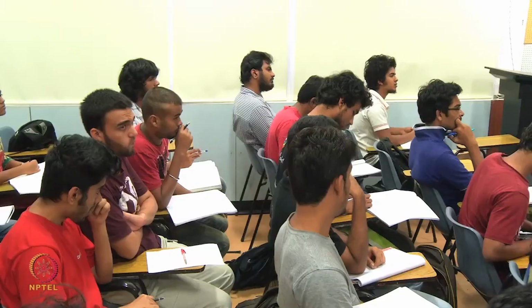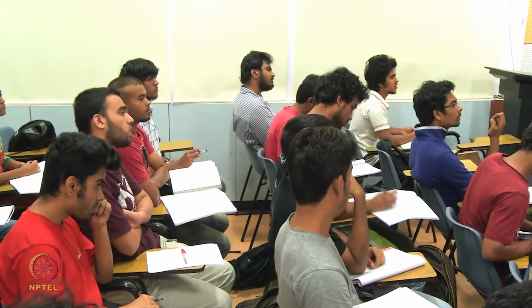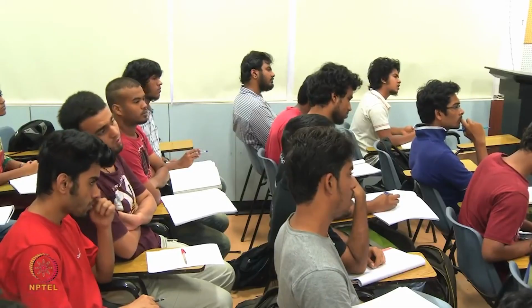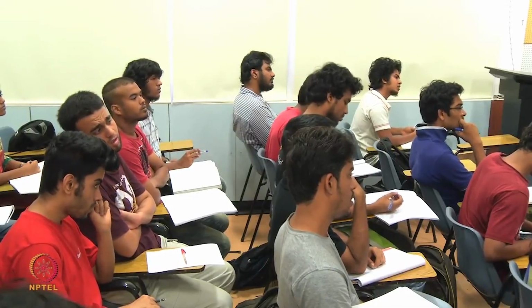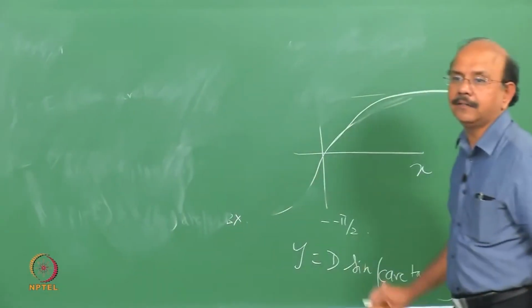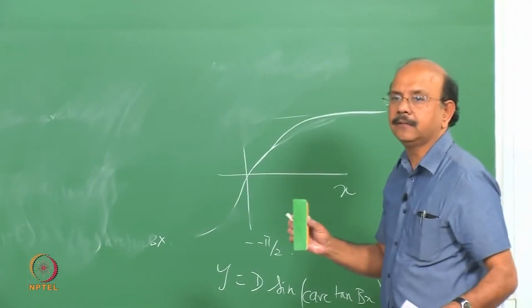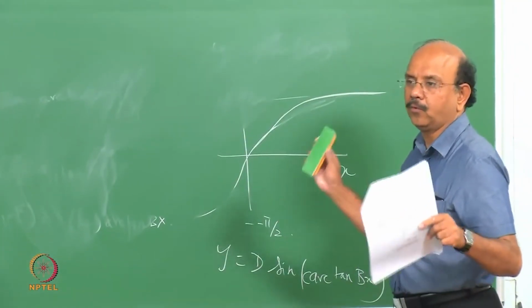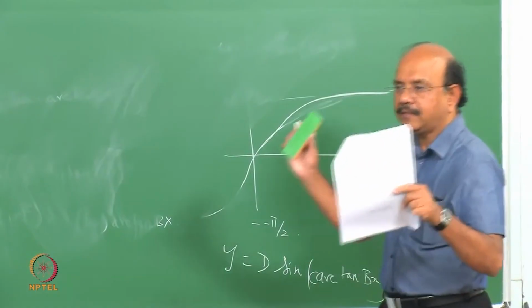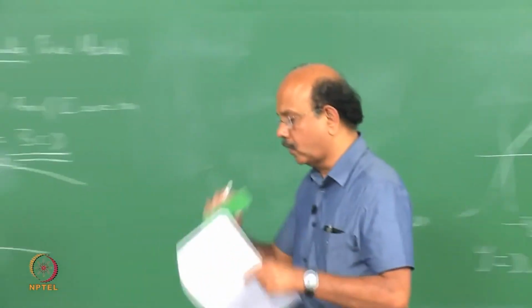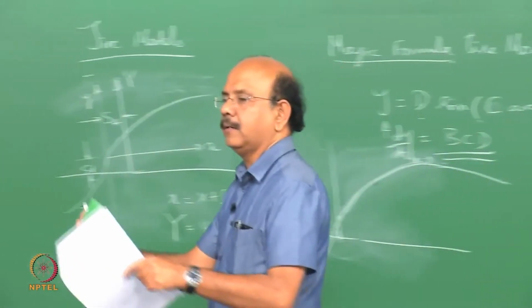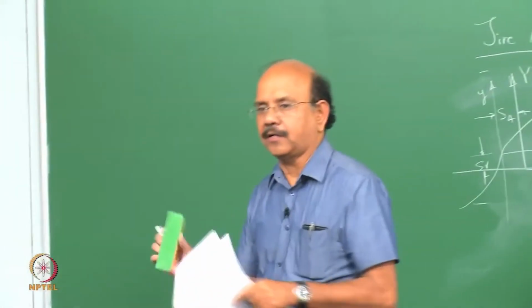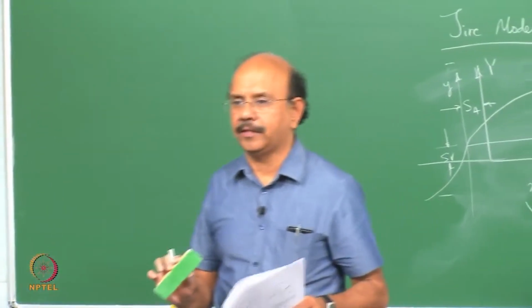Sir, Fy and Fx are also dependent on each other, right? No. That's a good question. We are right now looking at independent cornering, as I said right in the beginning. We are looking at cornering separately and braking separately. I have not come yet to combine cornering and braking.